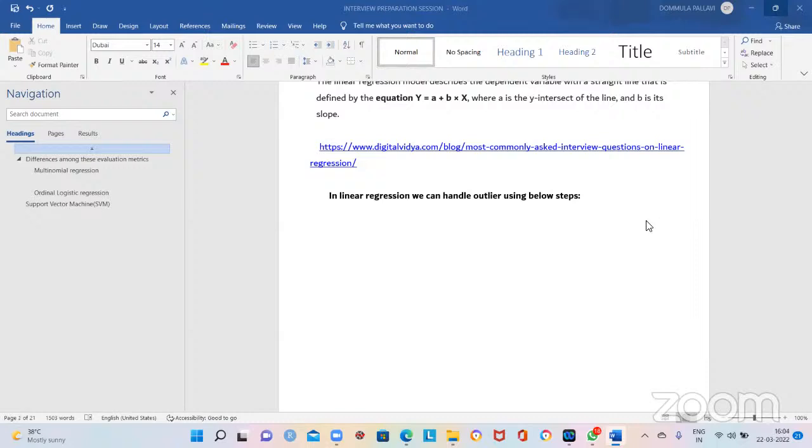In linear regression, we can handle outliers using the below steps. What are those?